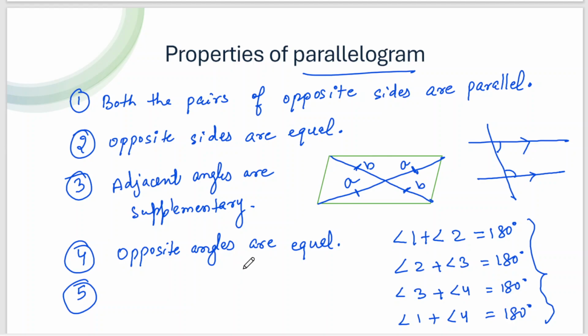That means I can say diagonals bisect each other. Okay, I'm just discussing the properties of parallelograms, and not in that much detail.